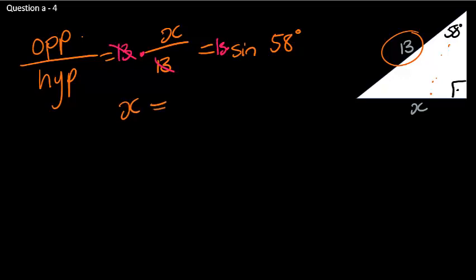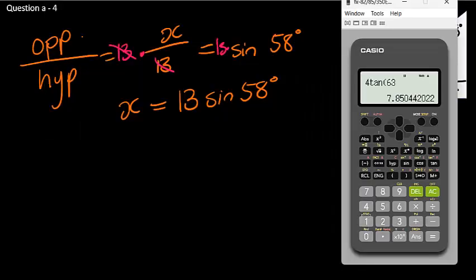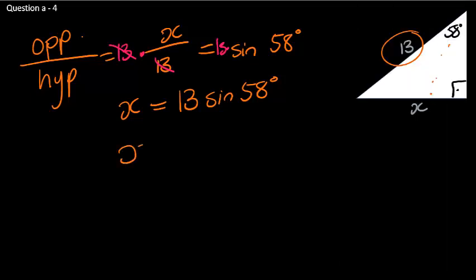X is equal to 13 sine of 58 degrees. Calculator says 13 sine 58 equals 11,024. 4 says stay the same, 11,02. X is equal to 11,02.